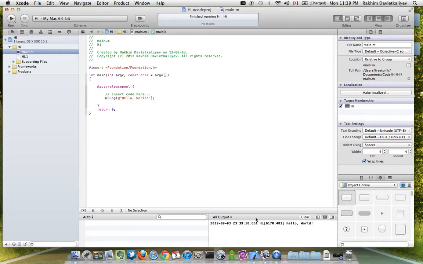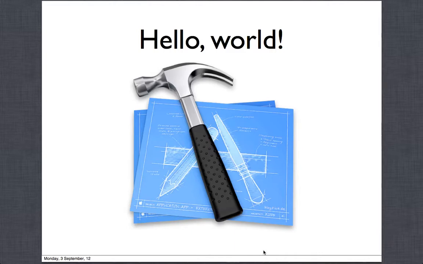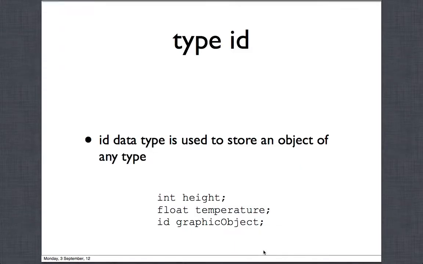Okay, let's talk about something else. Hello world is fine, but this is not too useful. So just like in C or C++, we have types, and most of the types are the same. So we have integers, we have floats, we have Boolean variables.